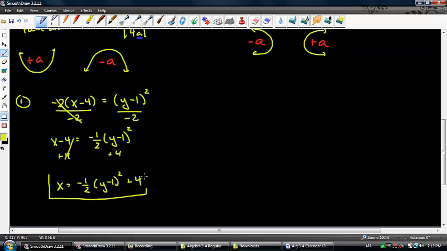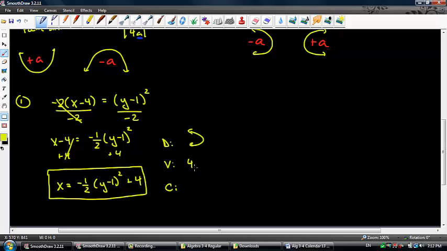From here I have enough information to get started on this process. I want to label the direction of the opening, identify the vertex, and identify the focal distance, which is c. The direction of the opening: this is an x equals parabola with a negative a, which means I am going to have a leftward facing parabola.